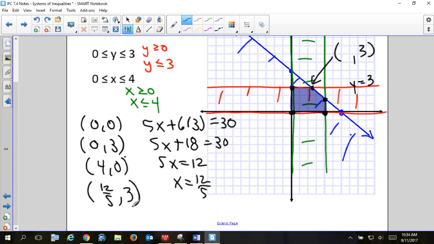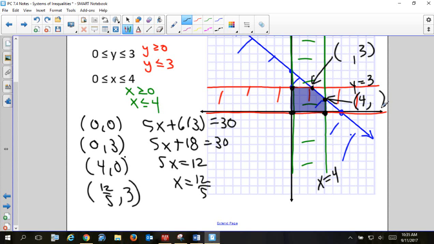There's this other point that has the same problem. It is a fraction, but it is sitting on this green line. And what's the equation of that green line? X equals 4. So I know that that ordered pair is 4 comma something. So it is also on the blue line.